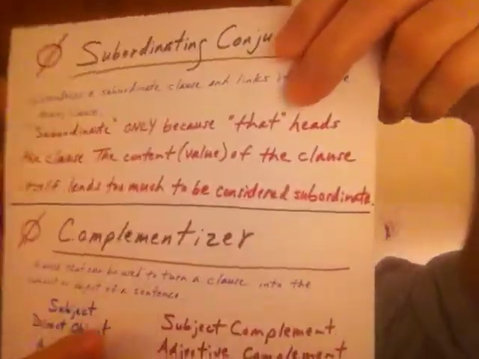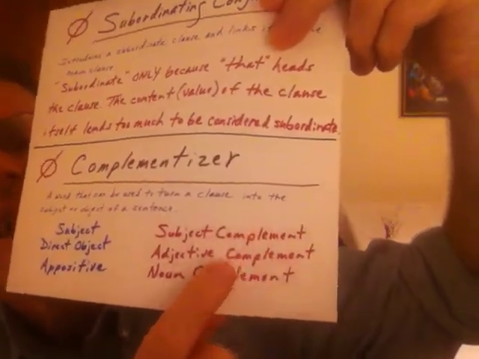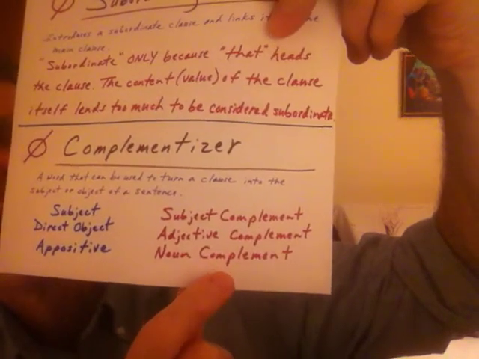And only 3 of those are complements. That would be your subject complement, adjective complement, and your noun complement. So of the 6 things that the noun clause can do, only 3 are referred to as complements.